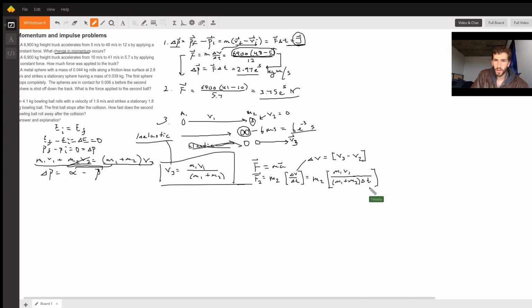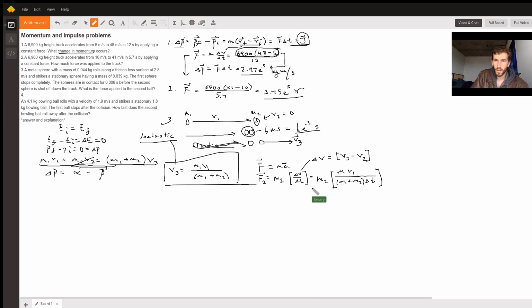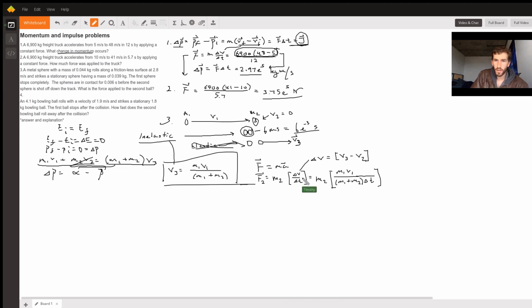And then you will be able to get your force. So this is still staying in velocity format because we're doing mass divided by the same units, kg divided by kg here. And this will be able to get you your answer for force. And you can go ahead and plug those numbers in. You already have the kilograms.